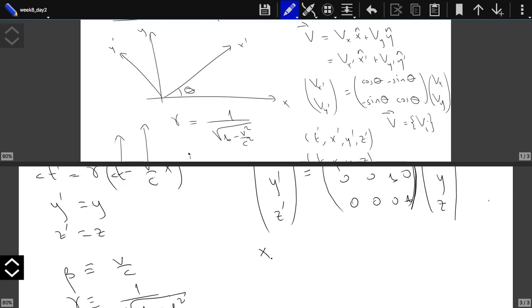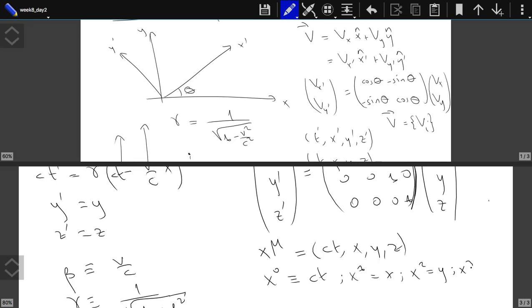I call the position and time X^mu, which is equal to (ct, x, y, z). X^0 is ct, X^1 is x, X^2 is y, X^3 is z.